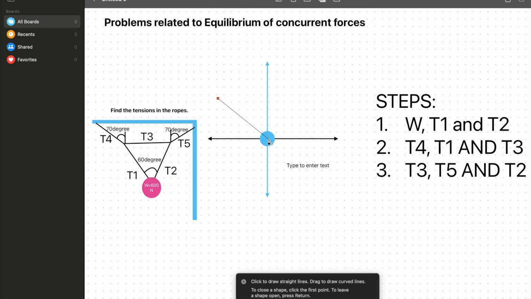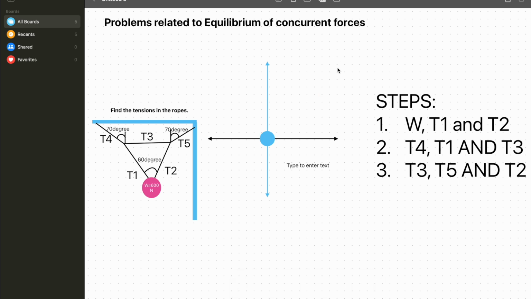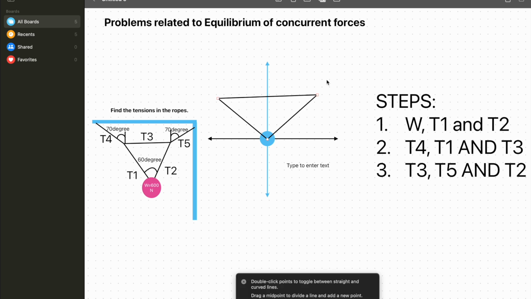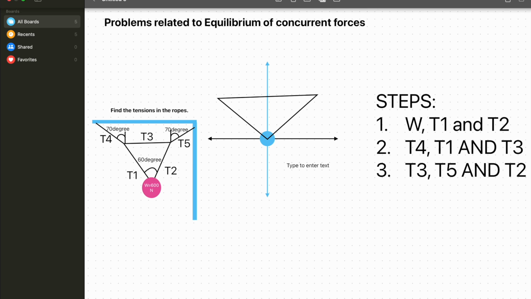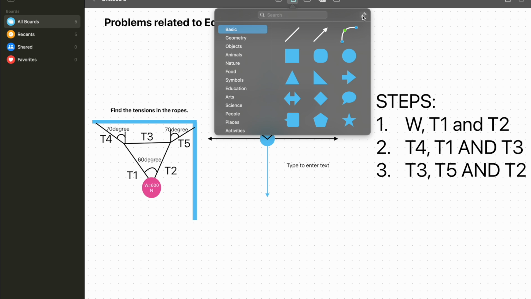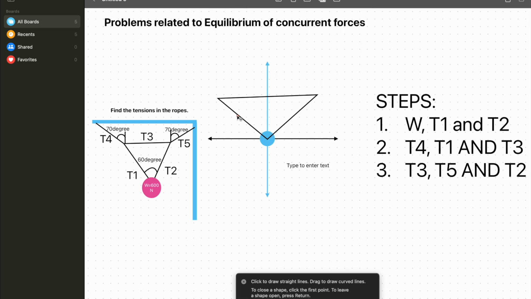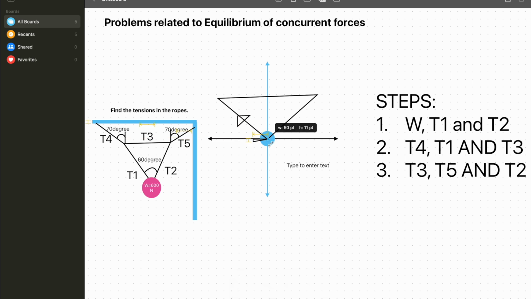if we draw this rope, okay, so just think of these two ropes, so if we draw this, and there's also another tension right over here.